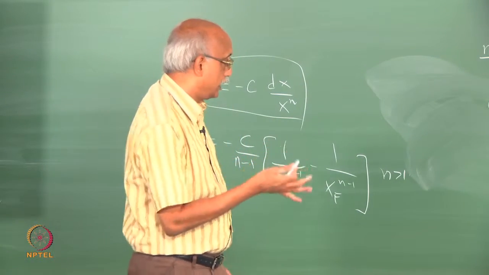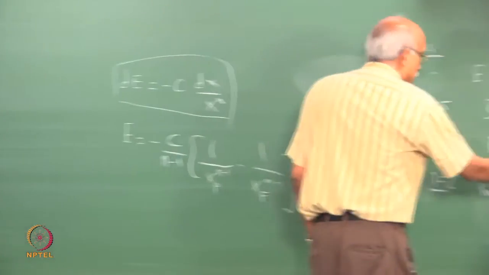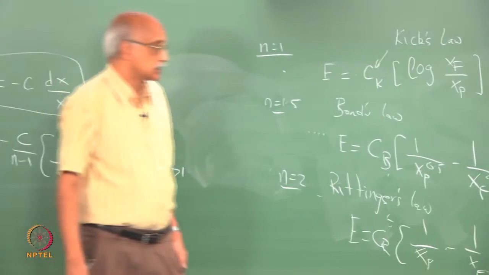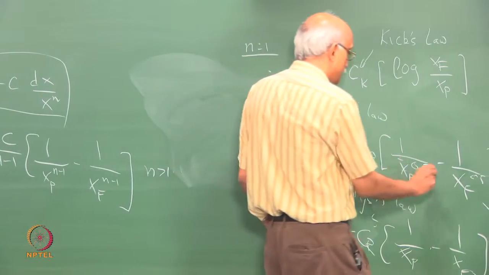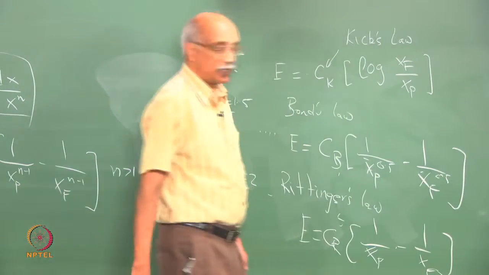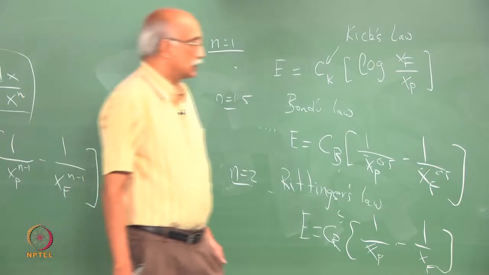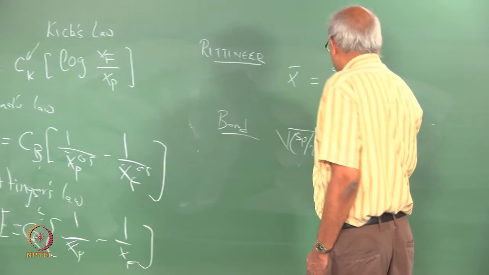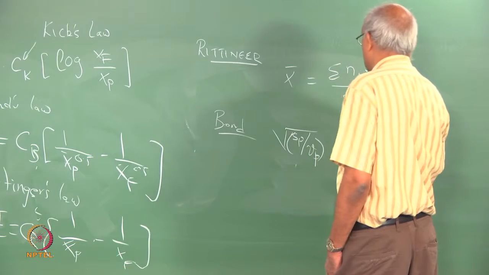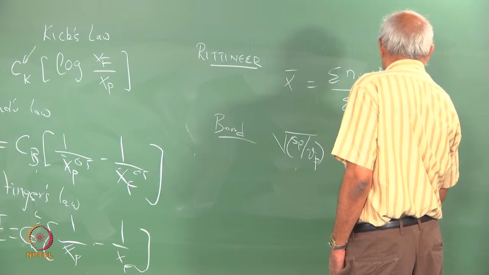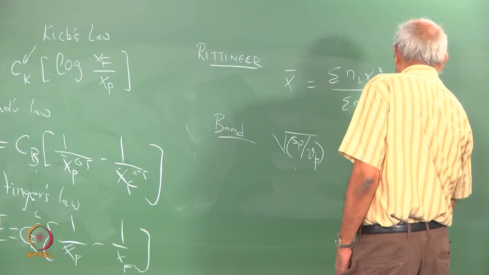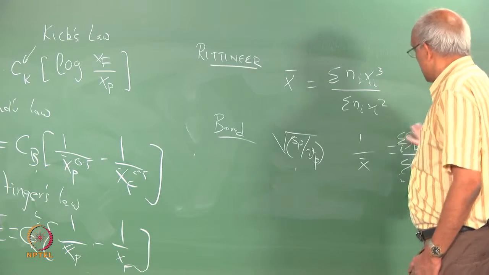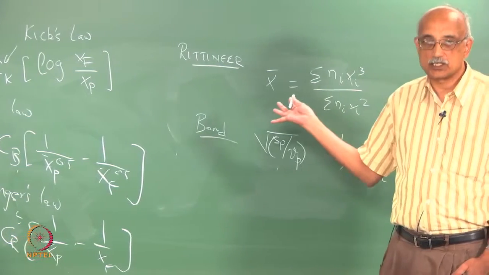So, when you do it that way, automatically you come up with a square root dependence on particle size, and here the mean diameter is again going to be 1 over x bar equal to summation of SP to summation of Vp, which is essentially the same as our previous definition.